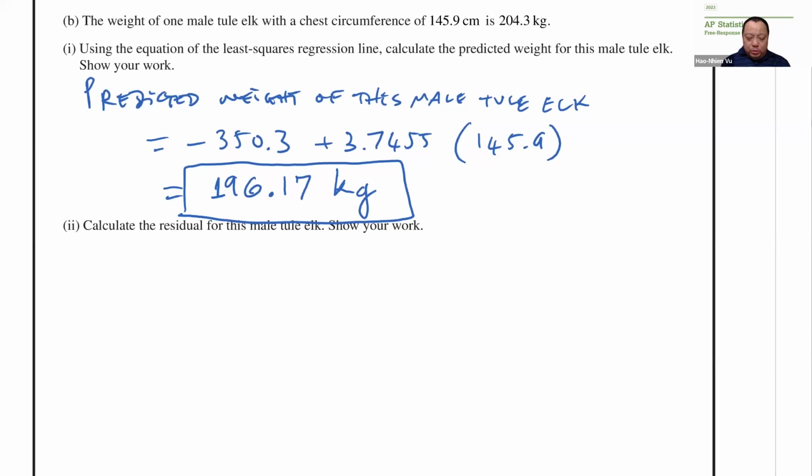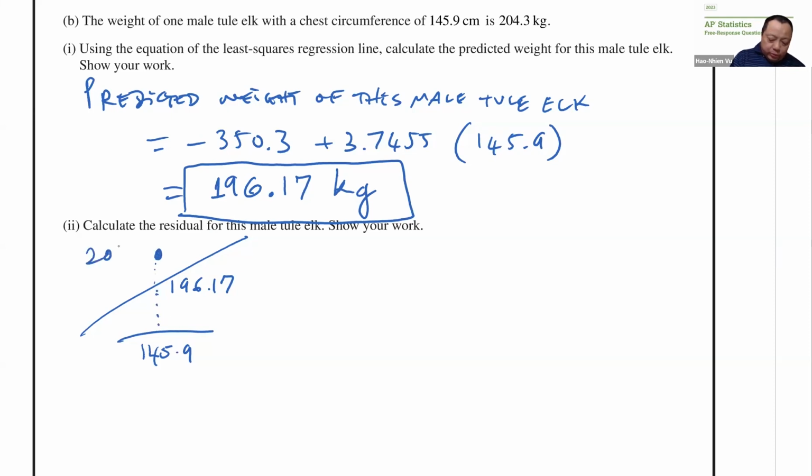Calculate the residual for this male Tule elk. Show your work. Well, this male Tule elk is 204.3 kilograms, whereas we're predicted to be 196. So for this same X value of 145.9, this number here is 196.17, whereas the actual value here is 204.3.